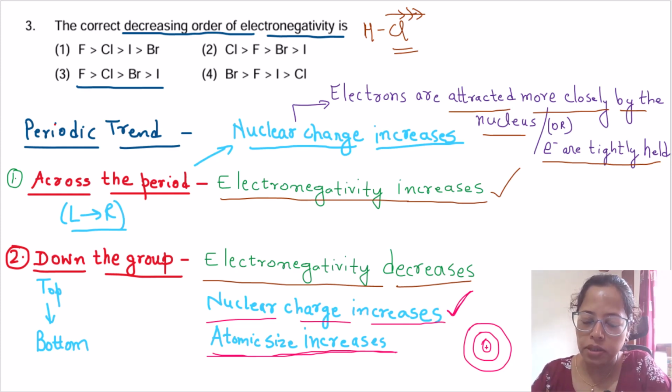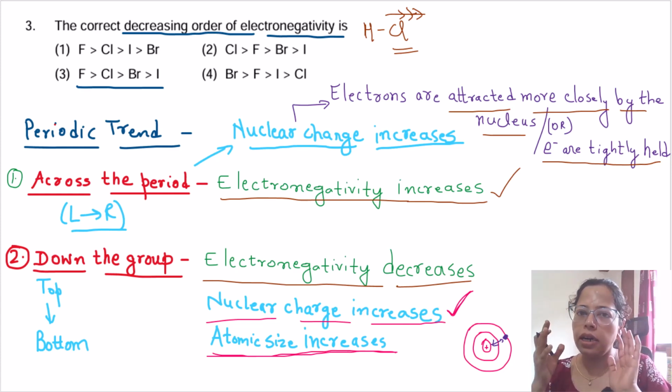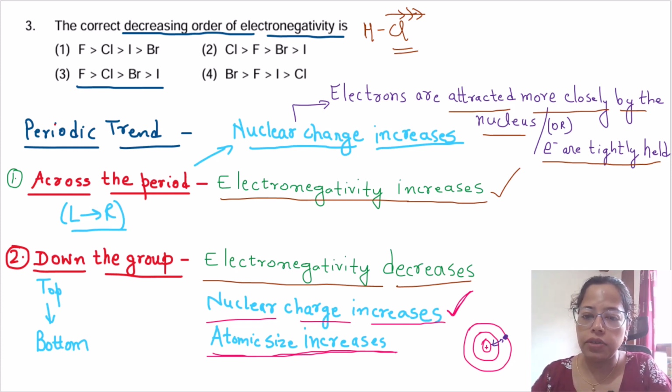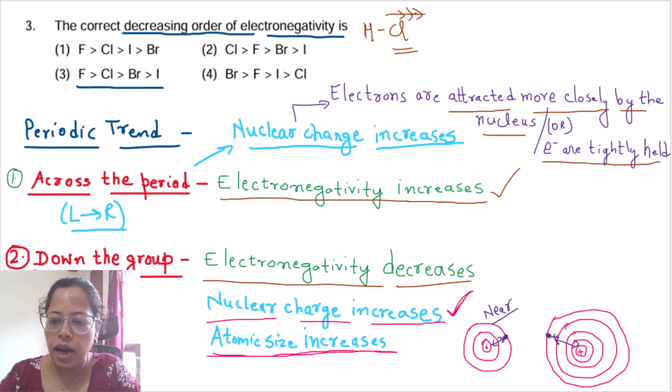And what happens due to this? The distance between the nucleus and the electrons keeps on increasing. And as this distance keeps on increasing, the attractive forces of the nucleus obviously get weakened. And that is why electronegativity decreases as we move down the group. For smaller atoms, the electrons are closer to the nucleus, and for a bigger atom, they are far from the nucleus.